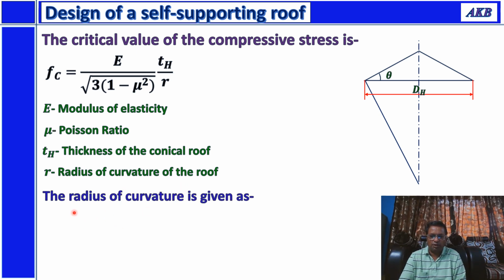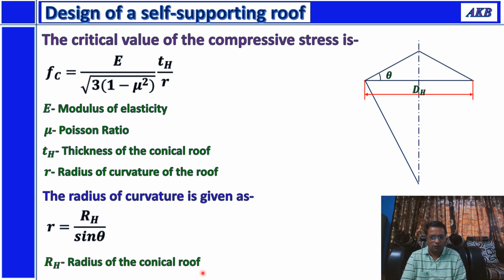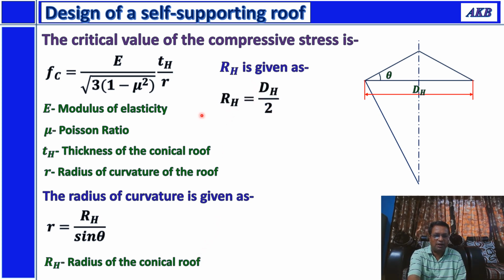The radius of curvature is given as R is equal to RH upon sine theta. What is RH? RH is the radius of the conical roof. It will be half of the diameter, so RH is equal to DH upon 2.